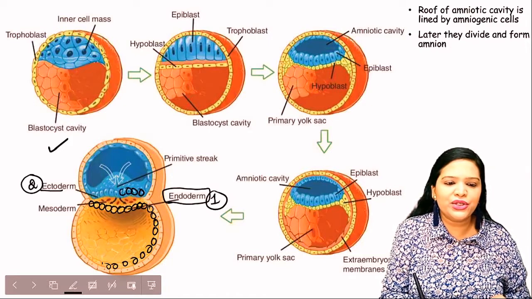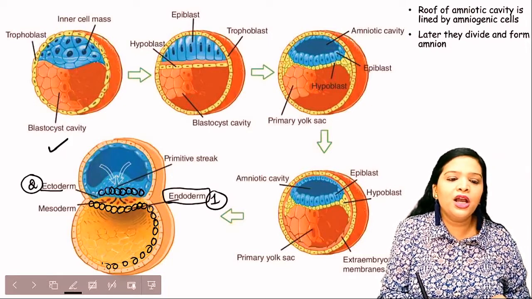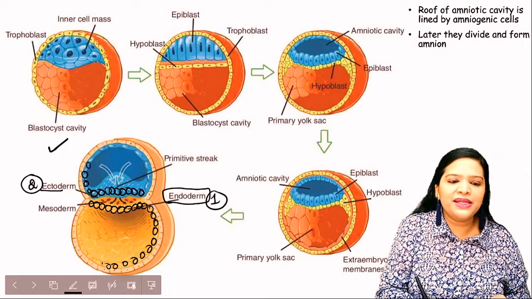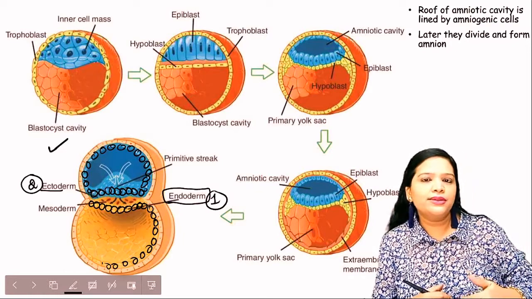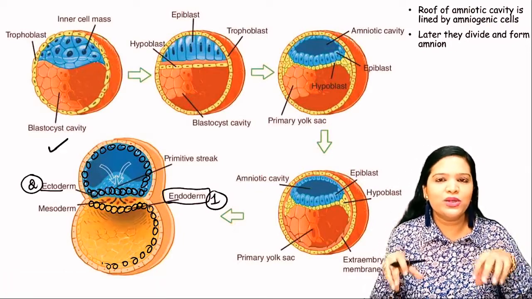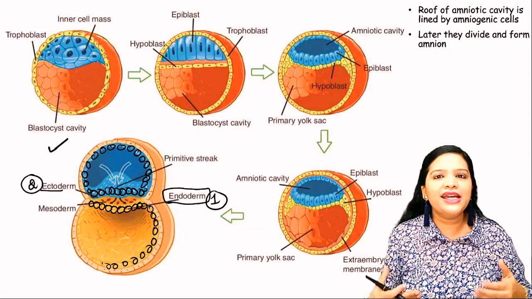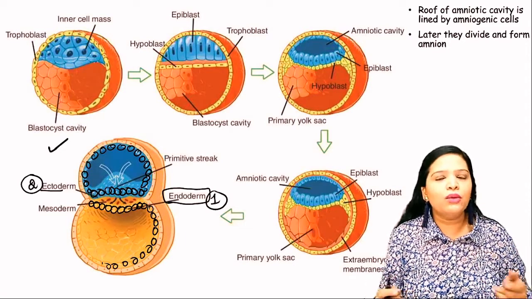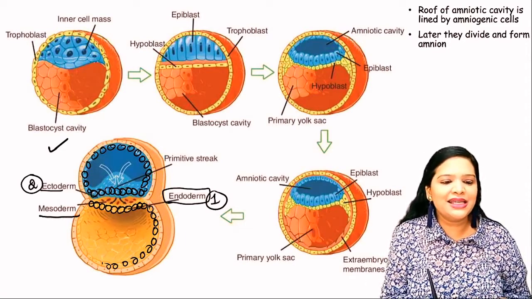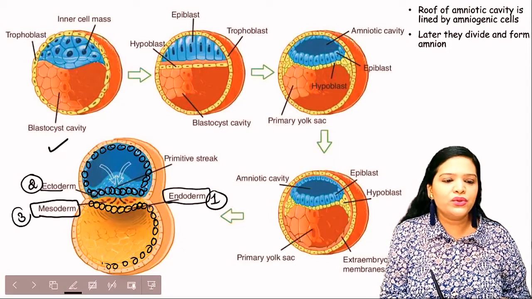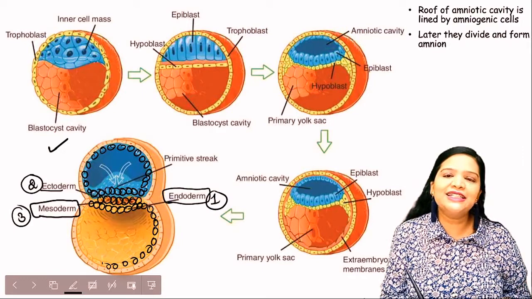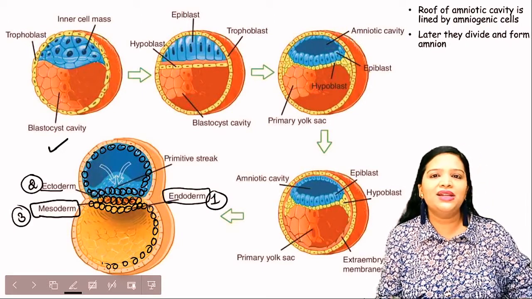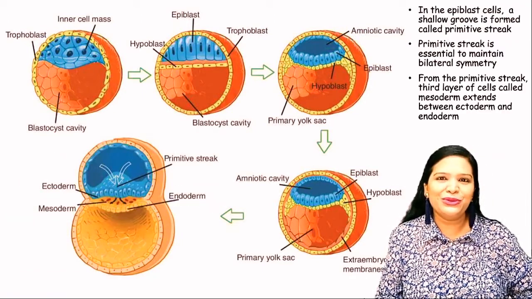This is the ectoderm, which covers the amniotic cavity completely. Now, in between the ectoderm and the endoderm, the cells present in the center divide again and form the third germ layer, that is the mesoderm. The mesoderm is present in between the ectoderm and the endoderm. Right.